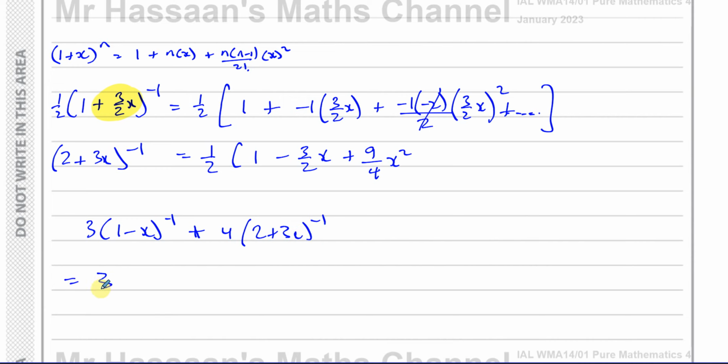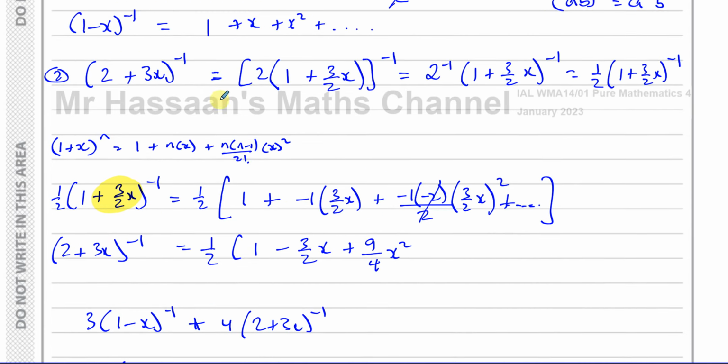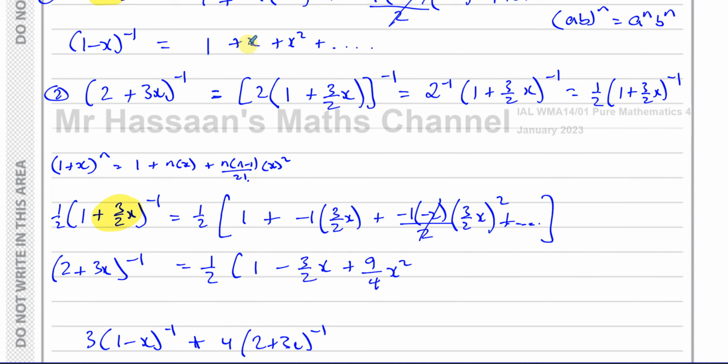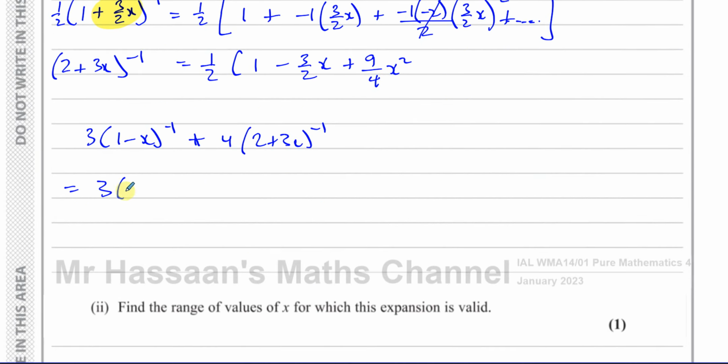So we have 3 times our answer for this section here, which is 1 plus x squared. And then we're going to have plus 4 times our answer for this, which is, I'll just do 4 times a half, which is 4 over 2, times 1 minus 3 over 2x plus 9 over 4x squared.